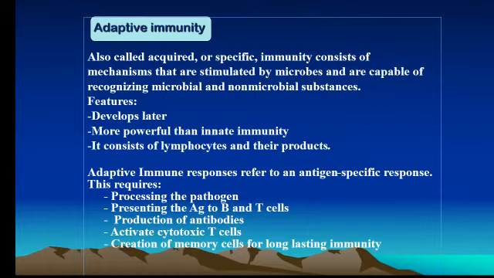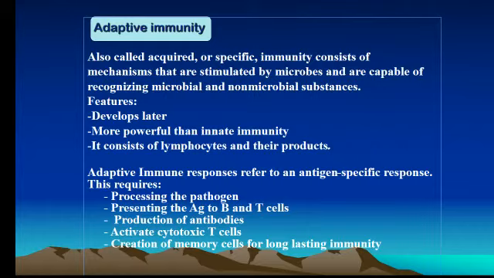So we have those five requirements for the antigen-specific response. Number one, processing the pathogen. Number two, presenting the antigen to the B and T lymphocytes.